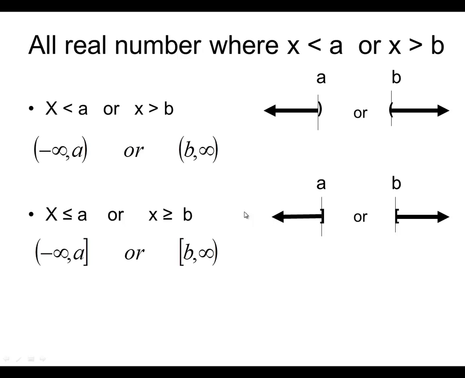The lowest value always is to the left, so negative infinity has got to go before a. If somebody were to write a comma negative infinity, that would be incorrect, and that's a common error that students make. So this is open parenthesis, negative infinity, comma, a, close bracket, or b, comma, to infinity.